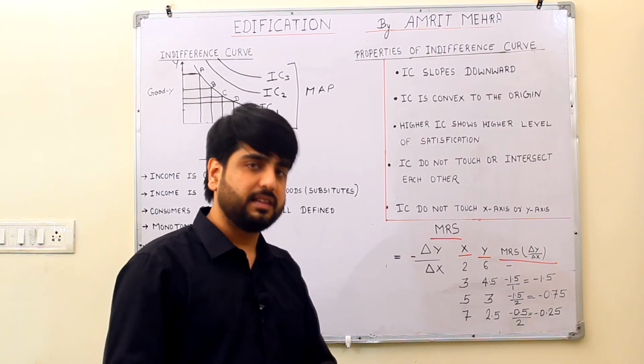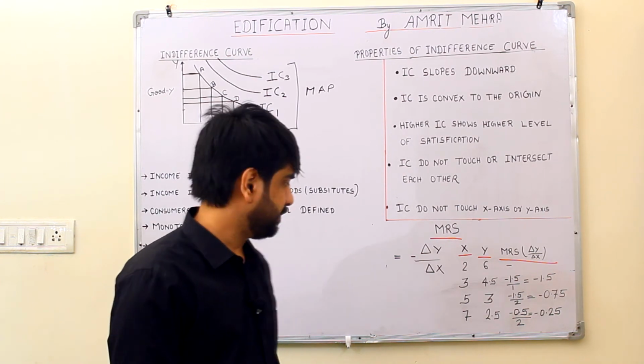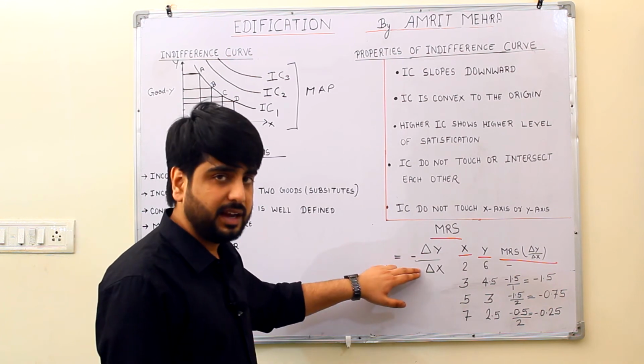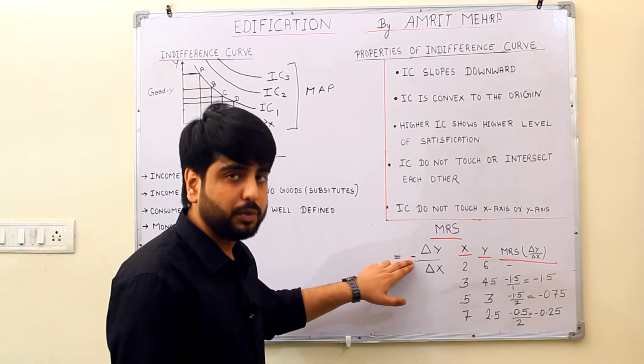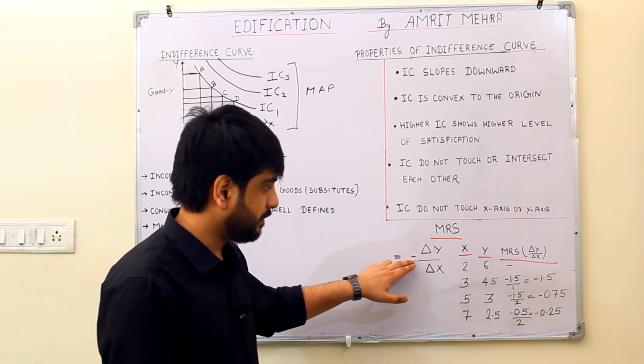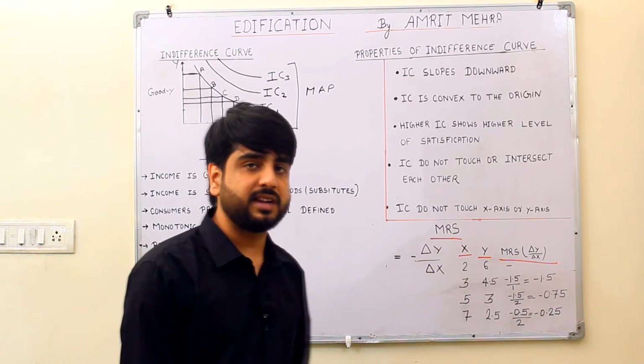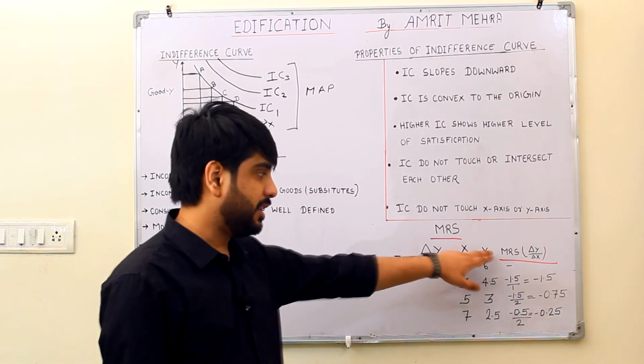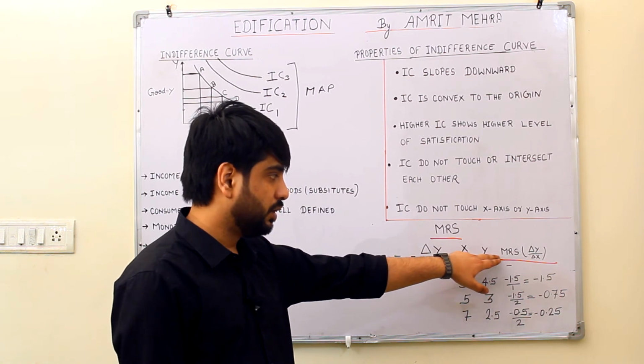The formula is similar to PPC, delta Y upon delta X, but we also have to input a minus sign. Let's take an example to understand MRS, whose value is always supposed to fall.